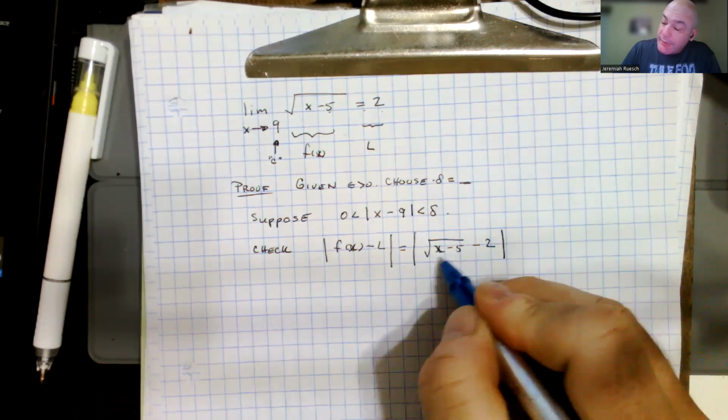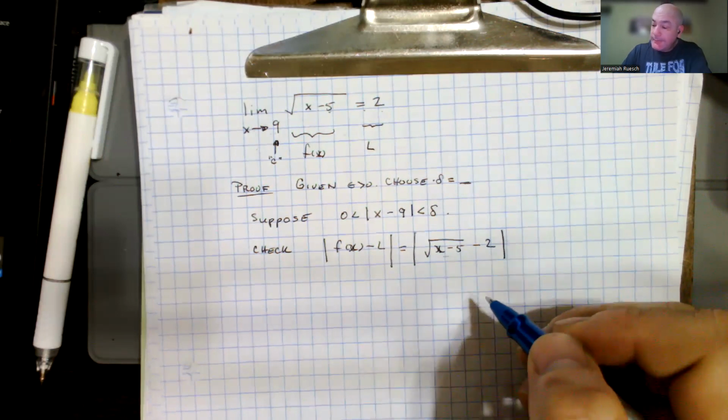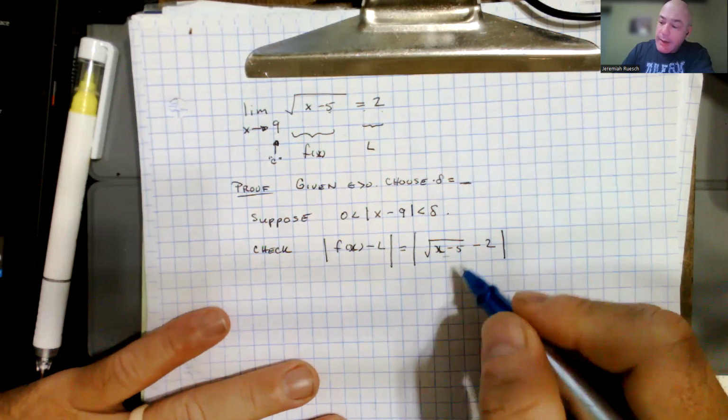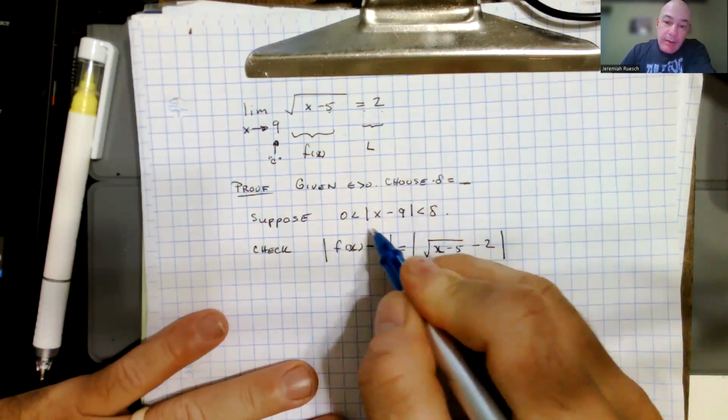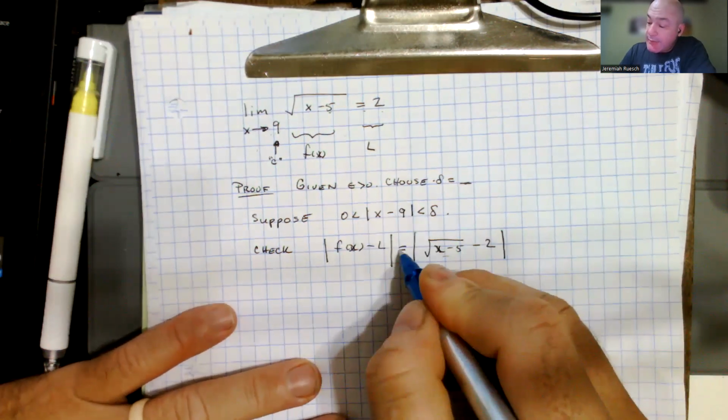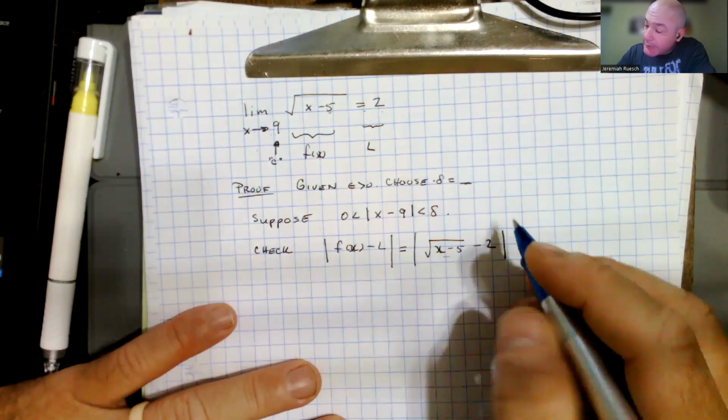This is the f of x, and this is our limit. Now we're going to do a little bit of algebra. We have to work it back to get it into this form. That's the name of the game. We're going to try to connect to see that there is such a delta that exists.